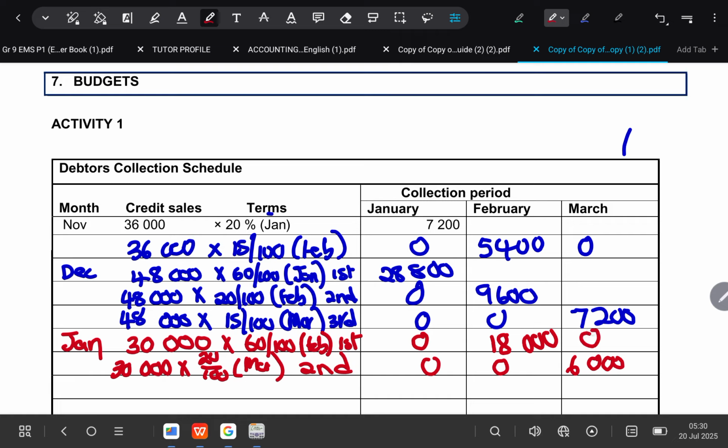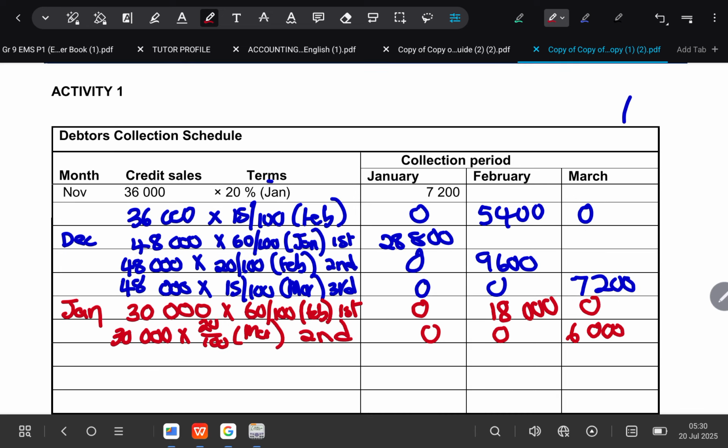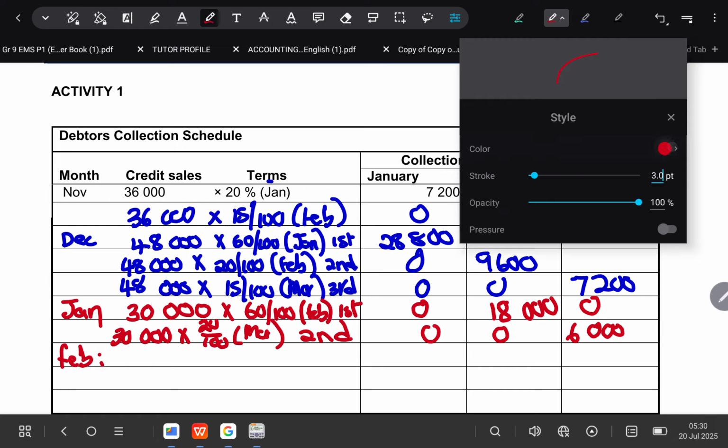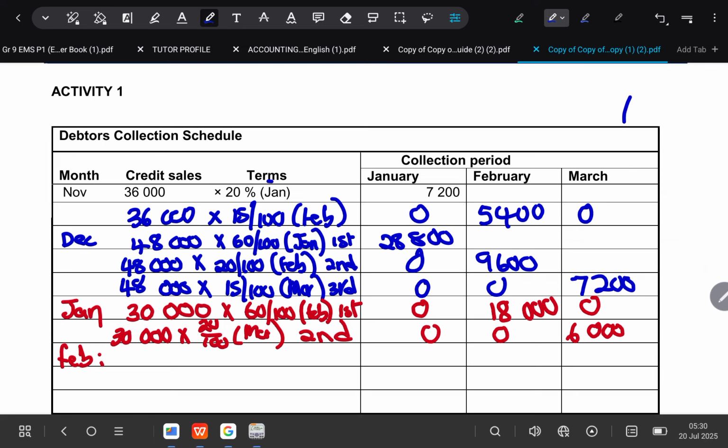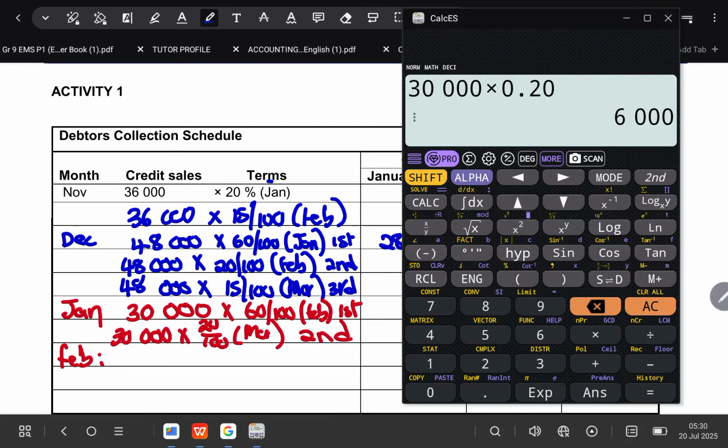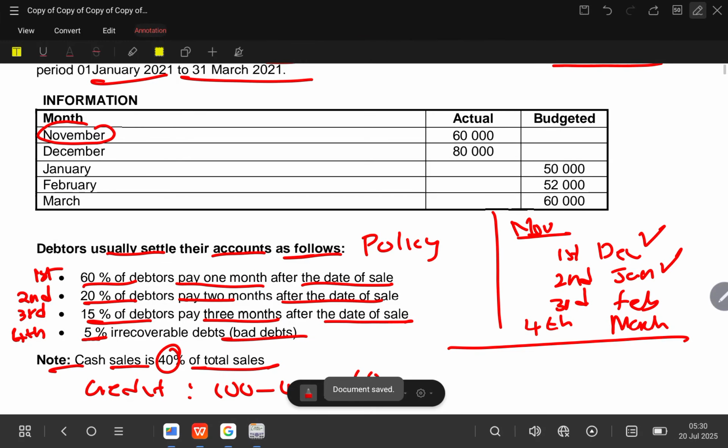Okay, and then the next part, we need to check if the third month is outside, so we can use it. So we'll move to the next month, which is February. For February, we need to get our credit sales. Let's quickly check that.